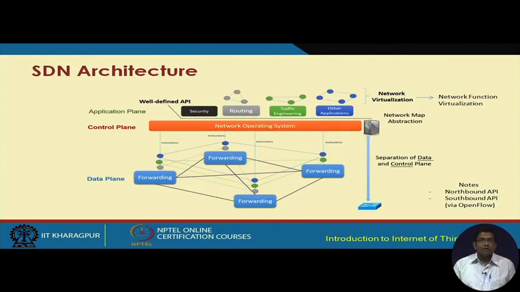So, let us now look at this particular architecture. Let us say we have different switches which perform forwarding individually. That is the data plane, and then we have the control plane which has the network operating system, and then the application plane performing functionalities like security, routing, traffic engineering, and different other applications.